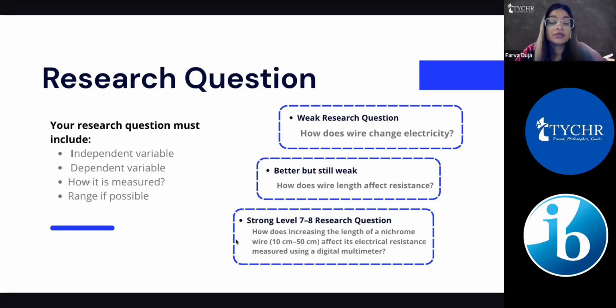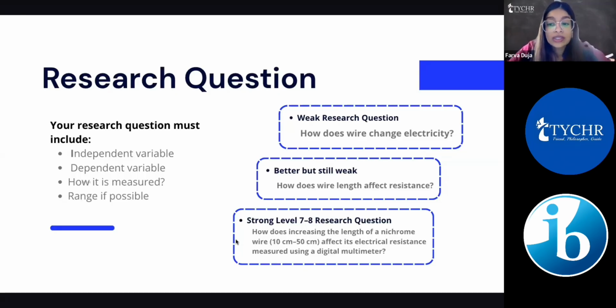So there you have your independent variable. The independent variable is the variable that is changing. In this particular case, the independent variable would be the length of the wire. The dependent variable is the resistance, because resistance changes depending on the length of the wire, which is the independent variable, okay?